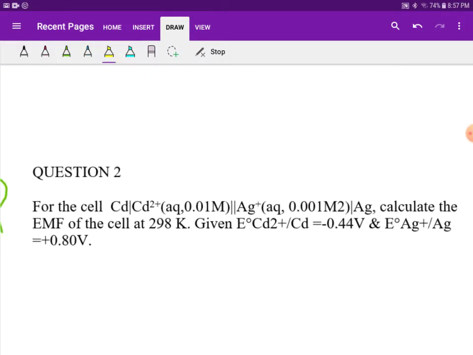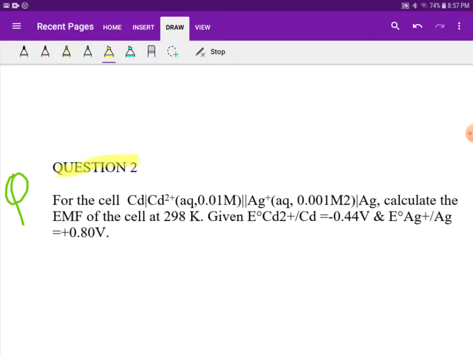The next, question number 2: you are asked to calculate the EMF of the cell obtained by coupling cadmium and silver at different concentrations. You are given a galvanic cell consisting of cadmium and silver, in which cadmium ion is at 0.01 molar and silver ion is at 0.001 molar.